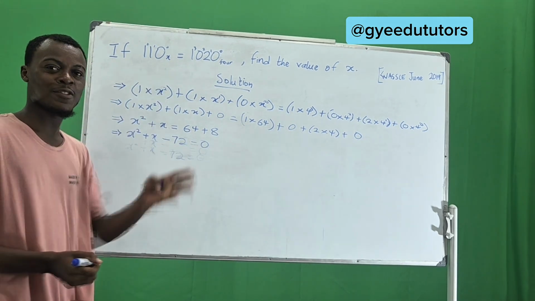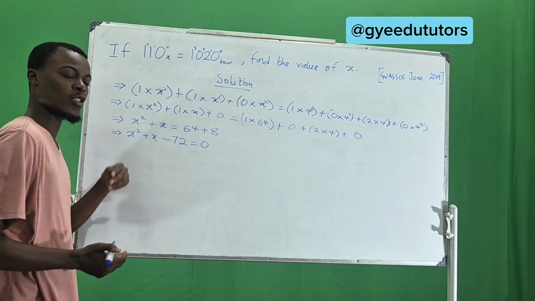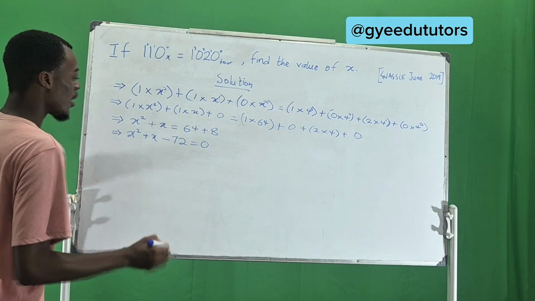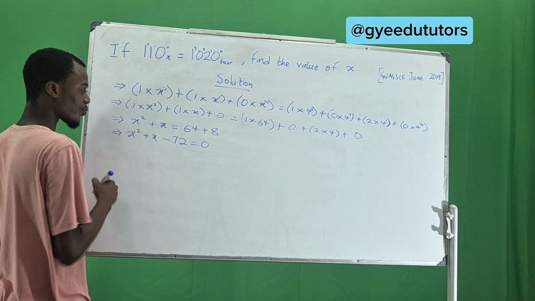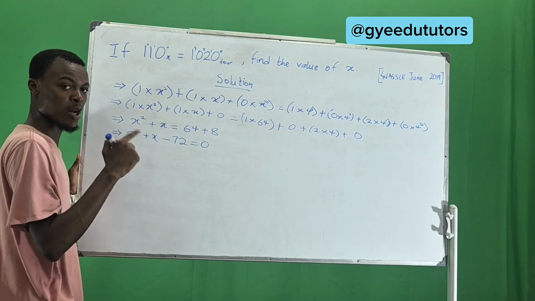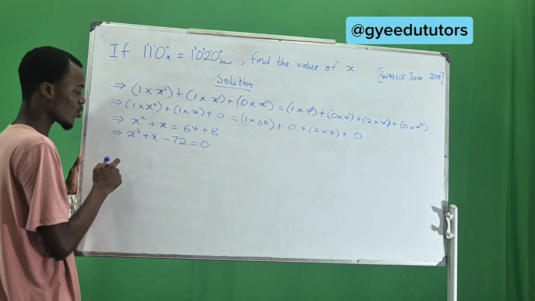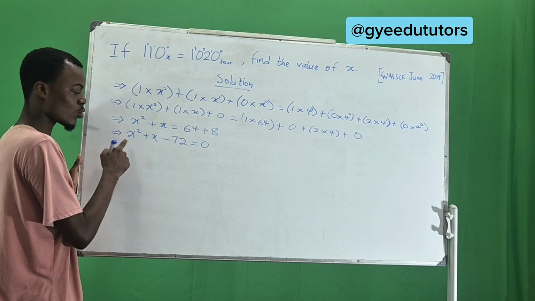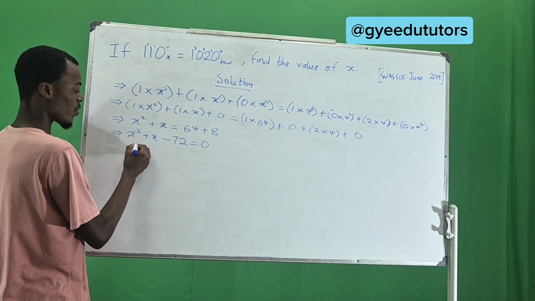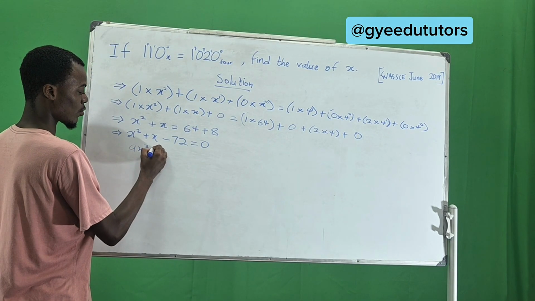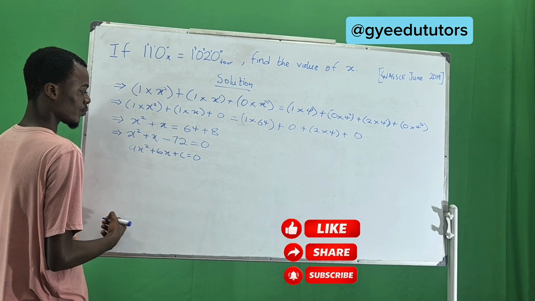And from our last video, we did quadratic equation. Now let's apply that rule. From the rule that I gave, you have to make sure that the two numbers you pick, if you multiply them, give you the product of the coefficients of x squared, 1, and the constant, minus 72, because this is in the form ax squared plus bx plus c equals 0.